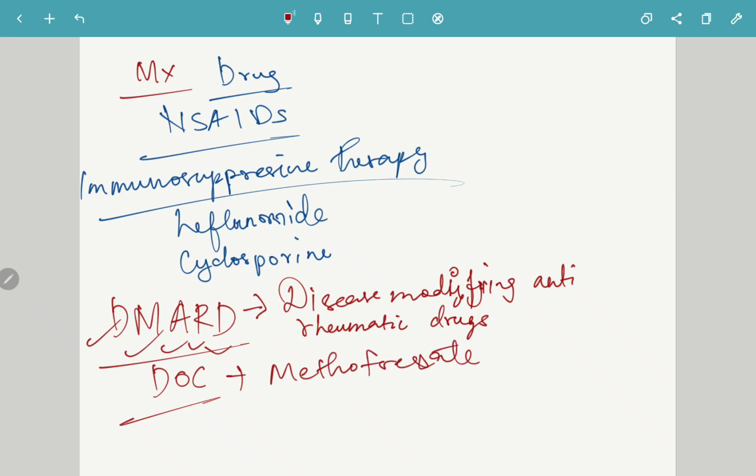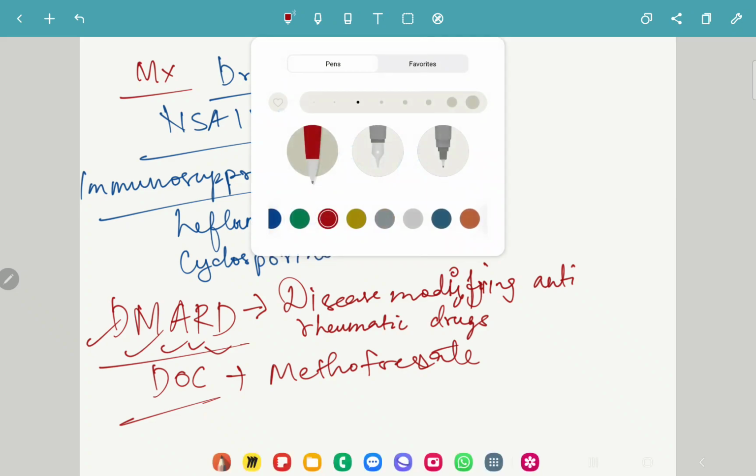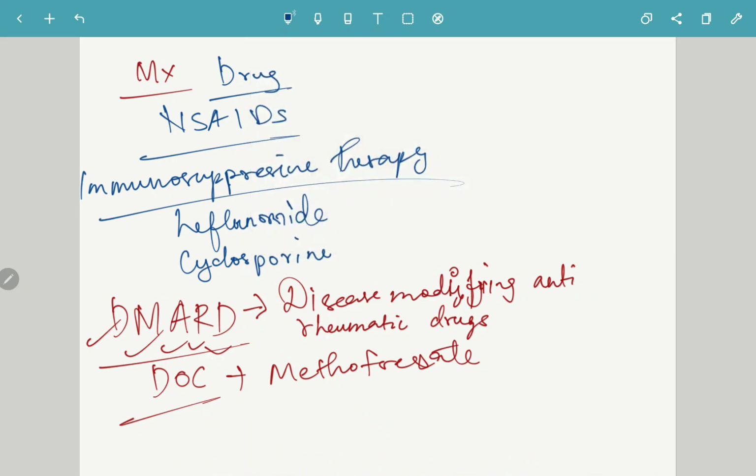Other drugs such as etanercept, infliximab, adalimumab can all be given, and even abatacept is also given in rheumatoid arthritis. So remember DMARDs, disease modifying anti-rheumatic drugs, and the drug of choice here is methotrexate.